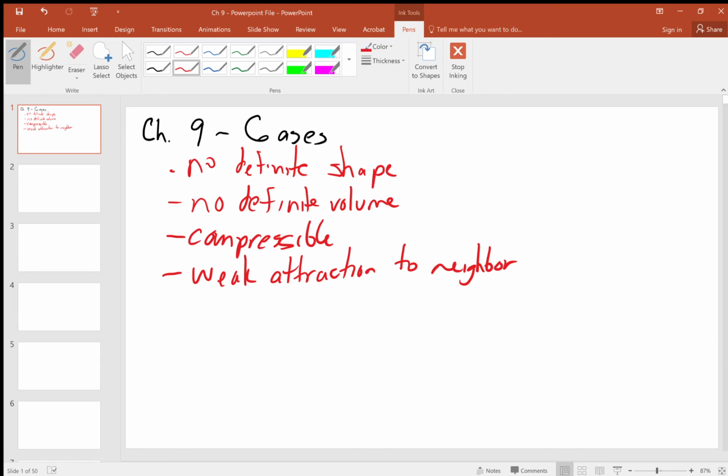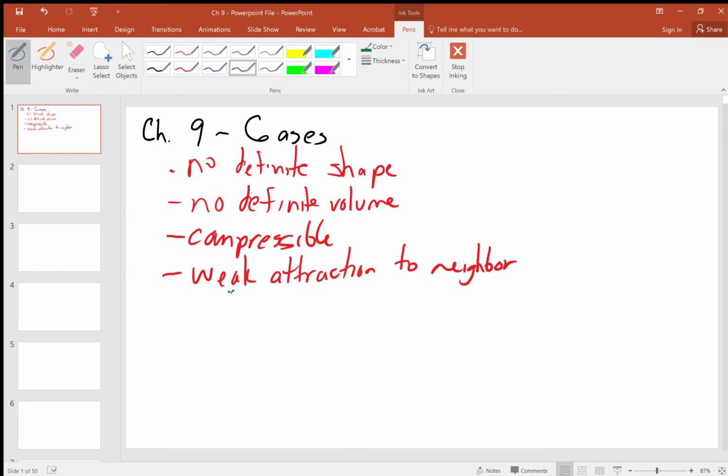For example, if you add salt and water, they will mix very easily. But if you add oil and water, they have very different polarities. They're not attracted to each other, and so they will separate out as two completely separate layers. Well, when it comes to gases, that actually doesn't matter. In the case of gases, there's almost no attraction to neighboring molecules, and so it doesn't matter what the neighboring molecules are.